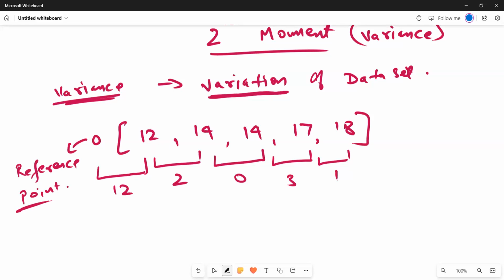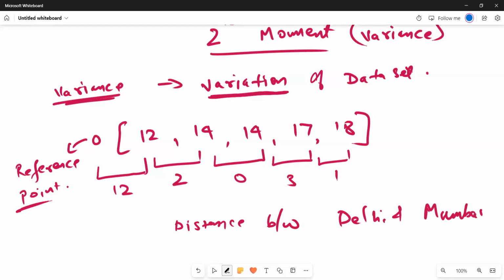If I ask you the distance between Delhi and Mumbai, when you start calculating the distance, you'll always start with 0. It will not happen that you'll start with 100. No, this is wrong.